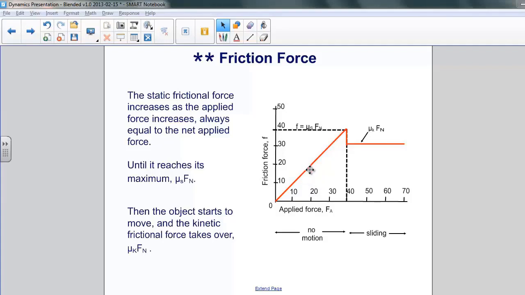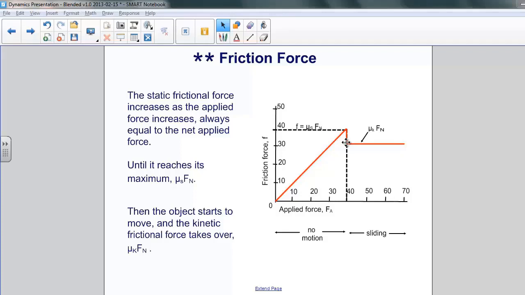Because it's countering the applied force, the object that's being pushed or pulled is unable to move. So as the applied force increases, so does the frictional force until we reach this maximum, where the frictional force is equal to the coefficient of static friction times the normal force. When you get to that point, that maximum, the object begins to move.